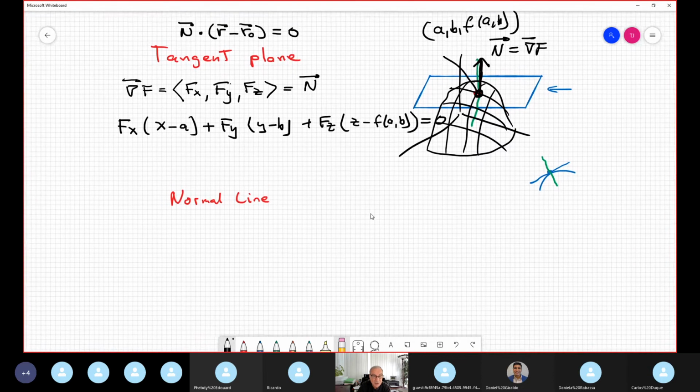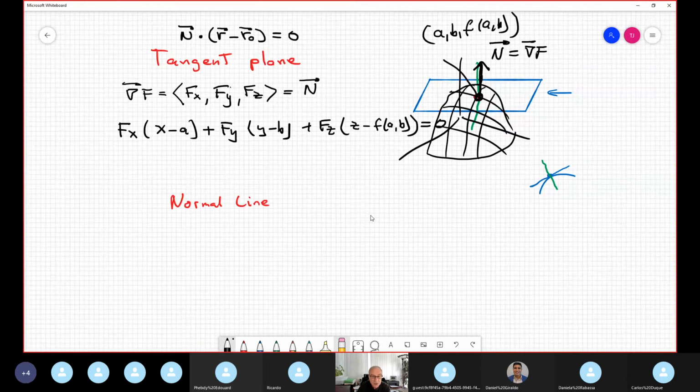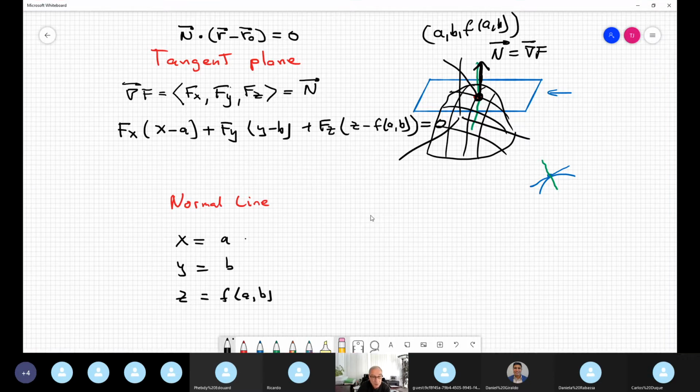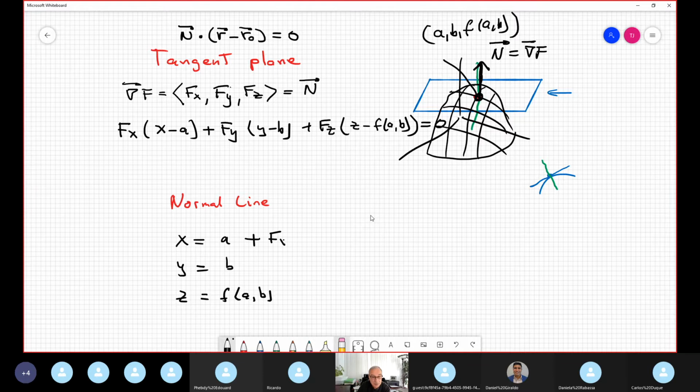But it's a coincidence that the direction vector is a tangent, is a normal vector in the plane, no? It's a perfect coincidence. Entonces, the parametric equation x, y, z is the point A, B, C plus F_x t.